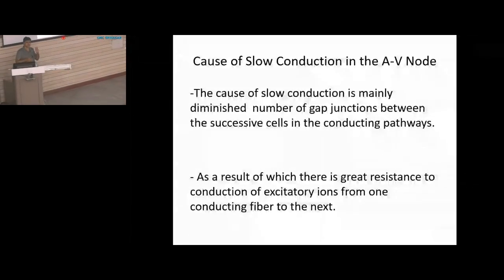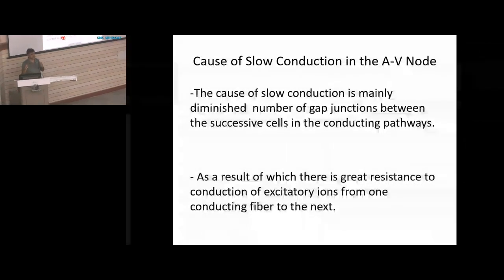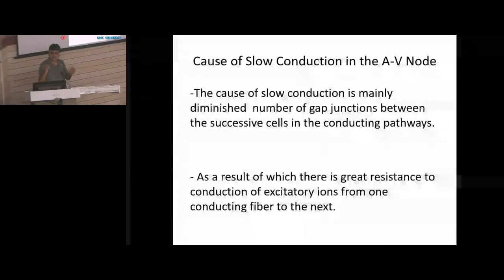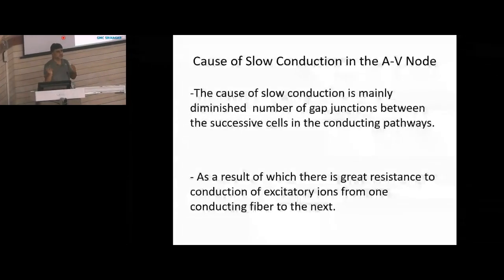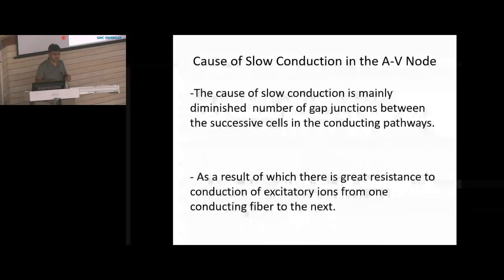So as you know, the property of gap junction is that it allows the free flow of ions between one cell and another. That results in quick spreading of the impulse or action potential. Now the AV node has a very low number of gap junctions as compared to other parts of the conduction system. So that results in the delay which happens at the AV node, right?